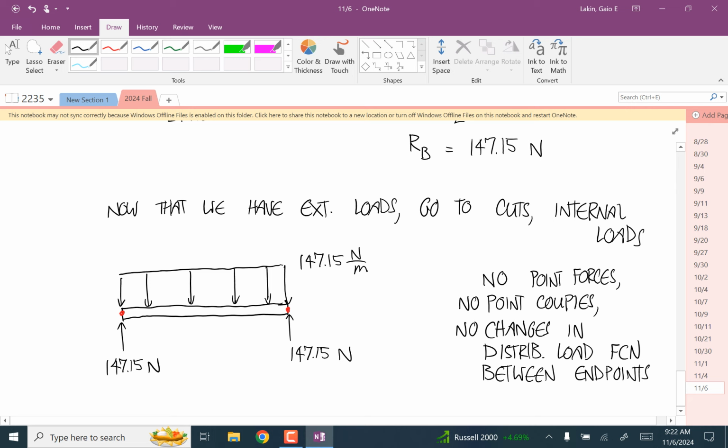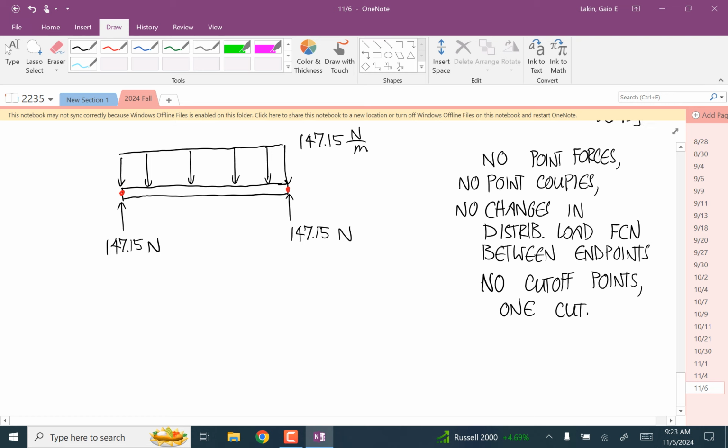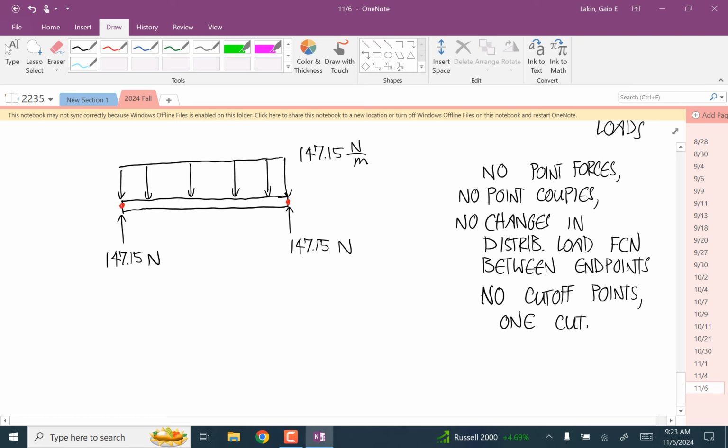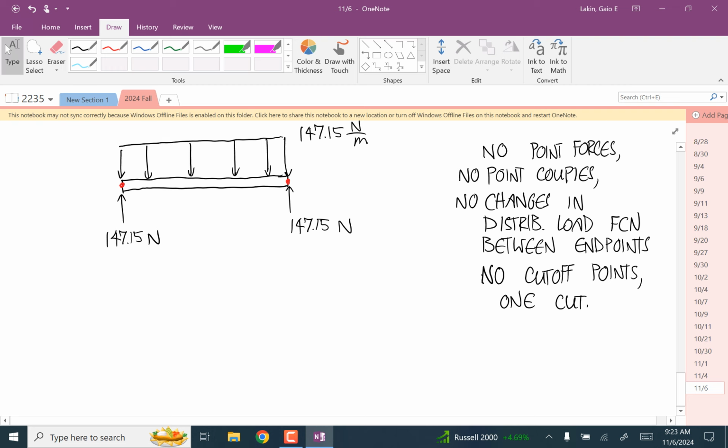We can do this with just a single cut. Okay. So just one cut. And okay, so let's do the cut.